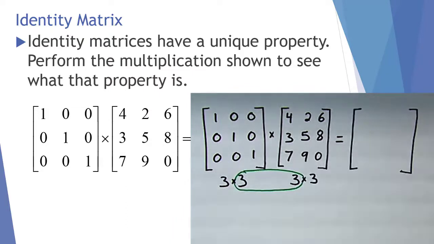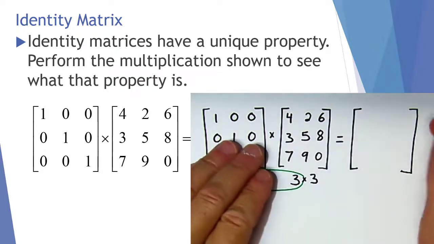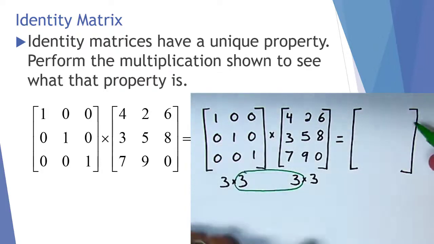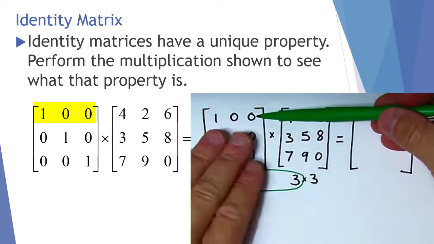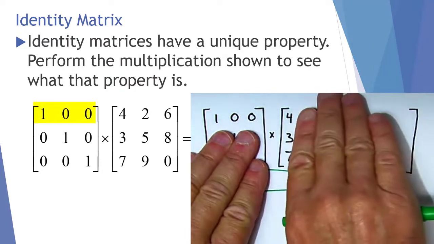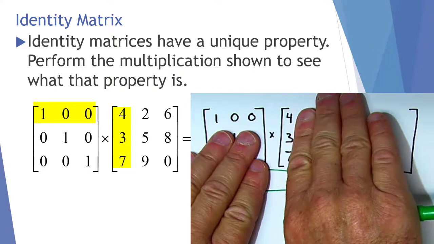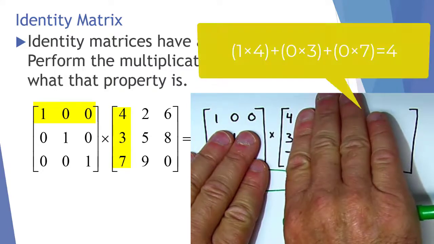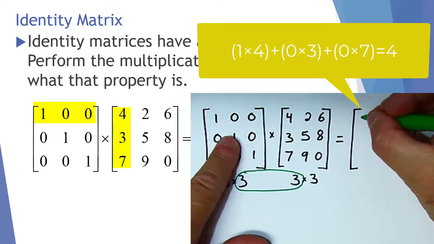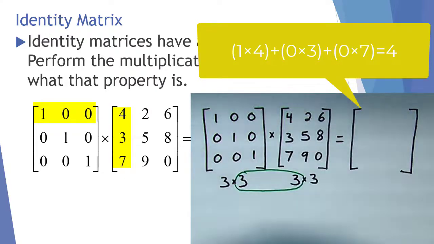So a quick refresher on how that multiplication will work out. You might want to rewatch the previous lesson if you don't remember how to do matrix multiplication, but I'm going to take the top row of our left matrix and find the dot product with the left column of the right matrix. And so I'm going to take 1 times 4, 0 times 3, and 0 times 7, and that gives me a top left entry of 4.